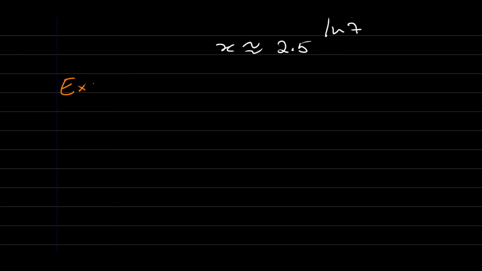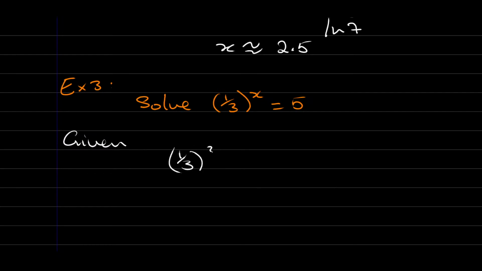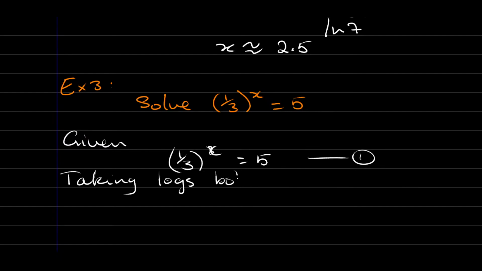So example number 3 is to solve 1/3 to the power of x equal to 5. Given 1/3 to the power of x equal to 5, let's say that's equation 1.